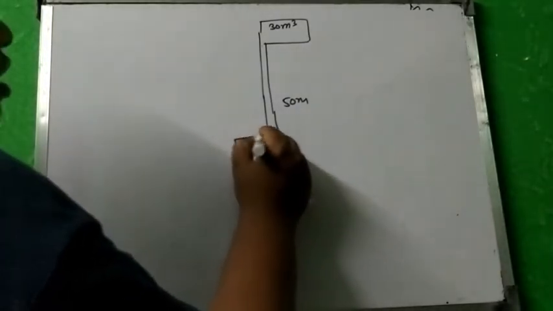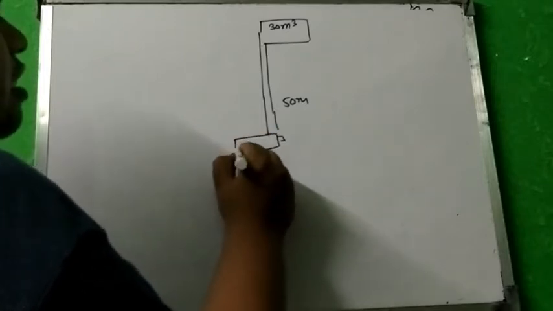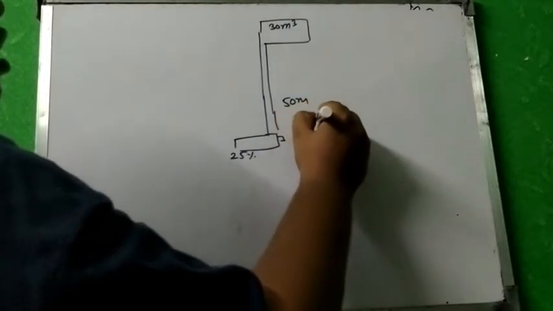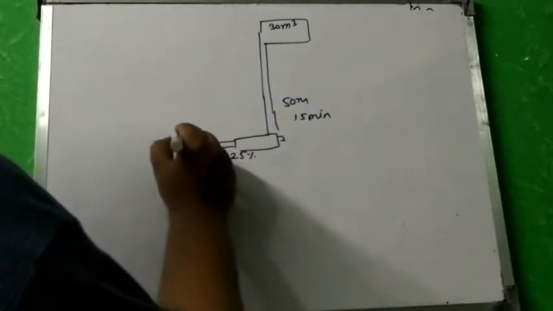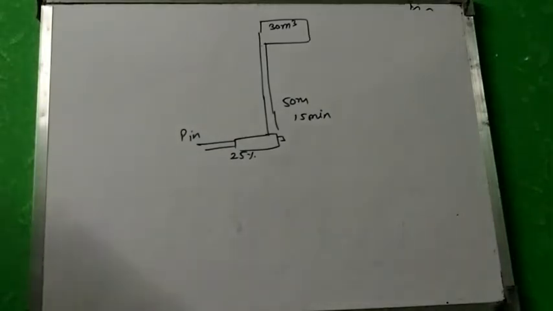A motor of efficiency 25% takes 15 minutes to fill the tank. What is the input power?